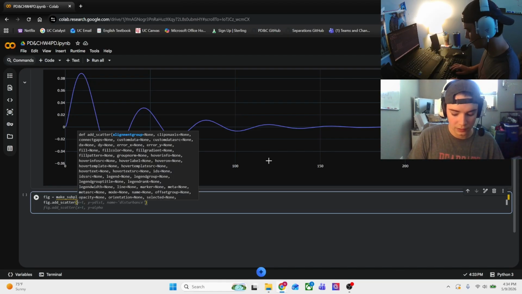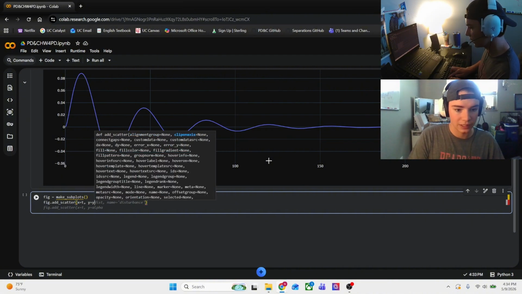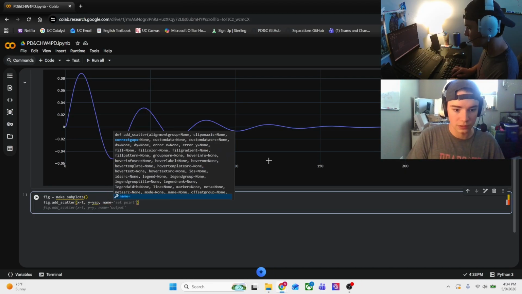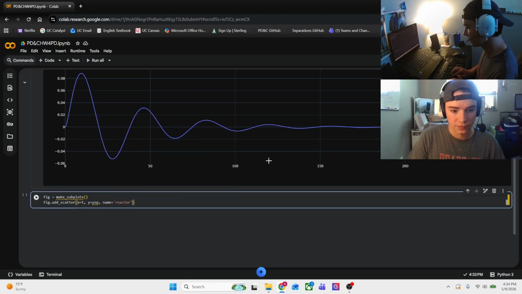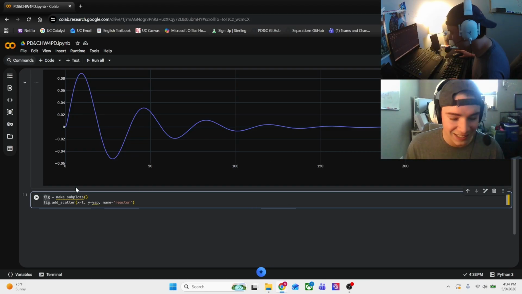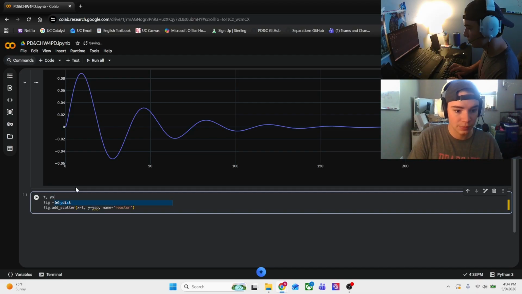Set our x equal to our t, our y equal ysp. Our name can equal reactor. And I apparently completely forgot to put our simulation in here. So once again, we're going to need to do our t and our ysp.